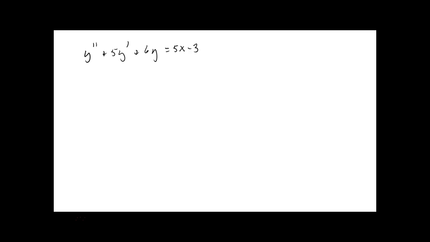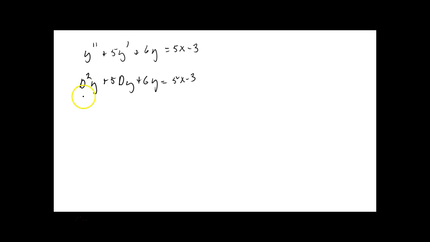Now, that can be written with y double prime becoming d2y, plus 5dy, plus 6y is equal to 5x minus 3. To me, that's no shorter, it's actually a little longer, but it's perfectly fine.